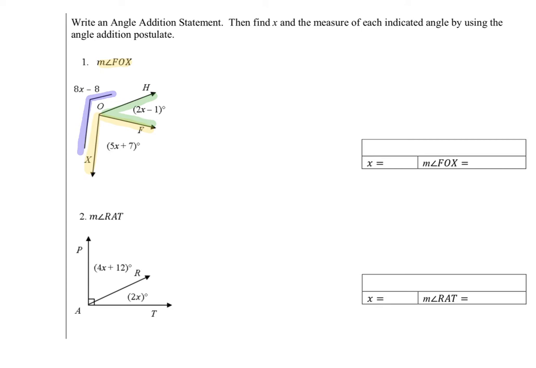So let's use this information to write our angle addition statement. So we have the measurement of FOX, or Fox. So the measurement of angle FOX plus the measurement of angle HOF is equal to the measurement of angle HOX. So remember, FOX is the yellow angle, HOF is the green angle, and HOX is the large angle, or what we would get if we added the green one plus the yellow one.